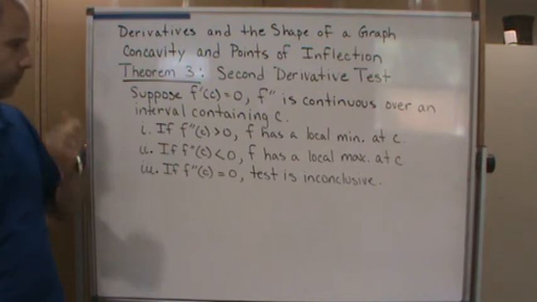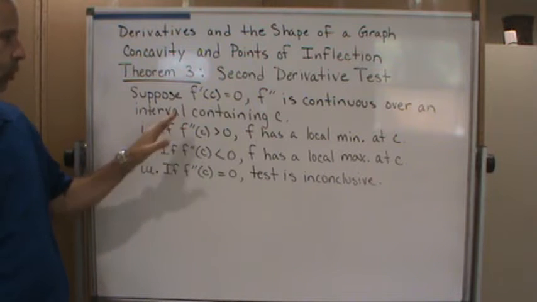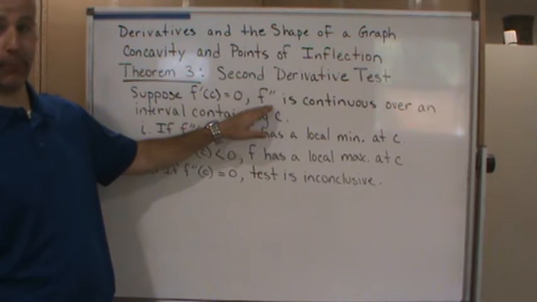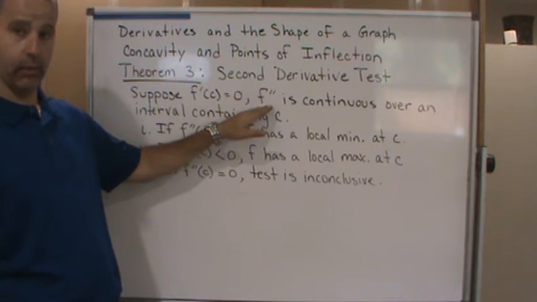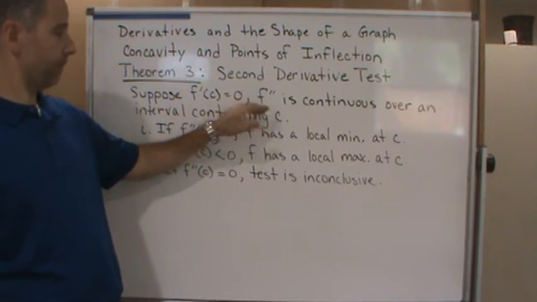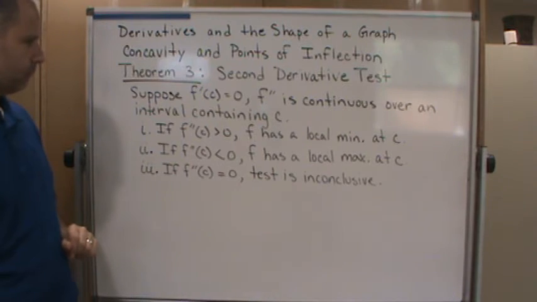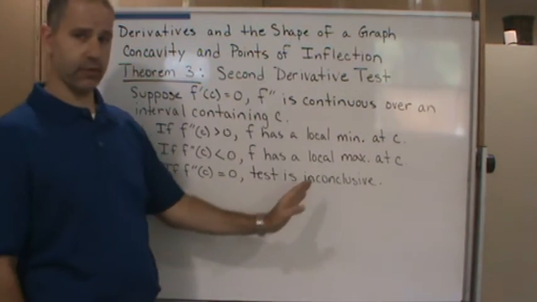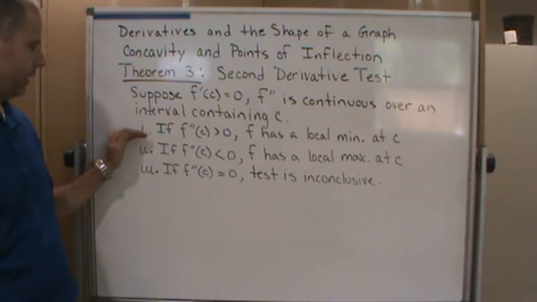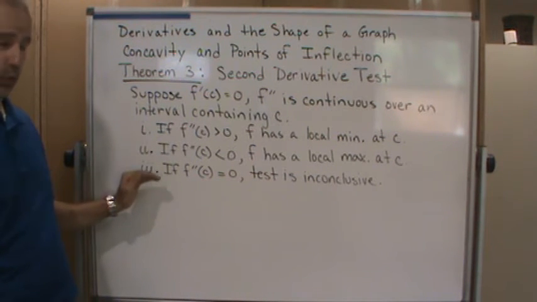Okay? So, in other words, one of the things that we were talking about before was twice differentiable, right? So, if this is satisfied, then one of these three is going to happen.